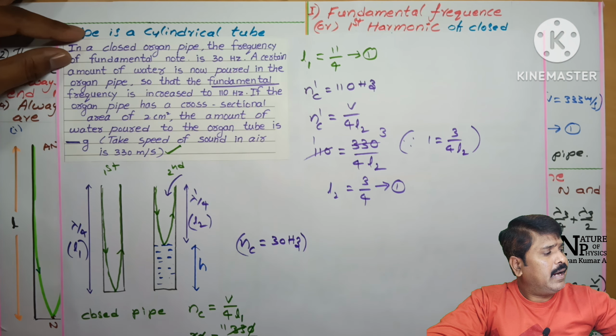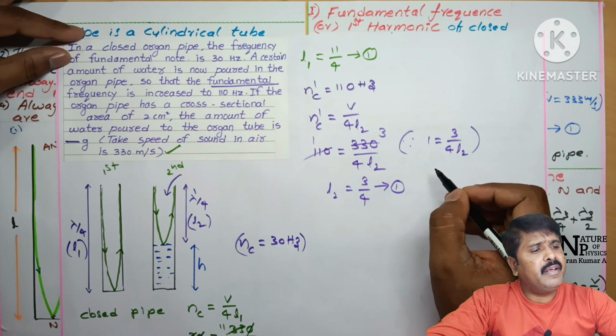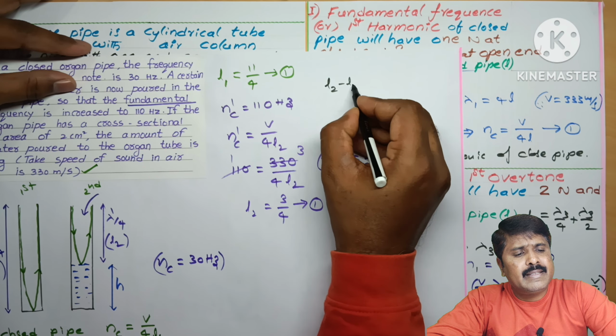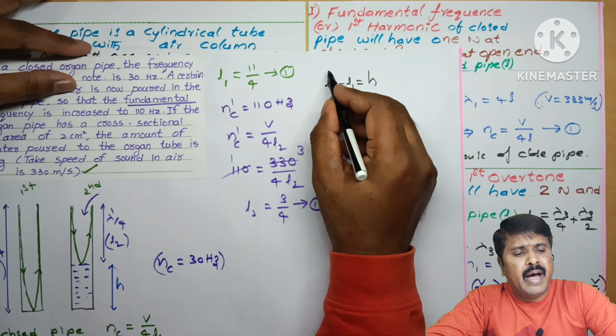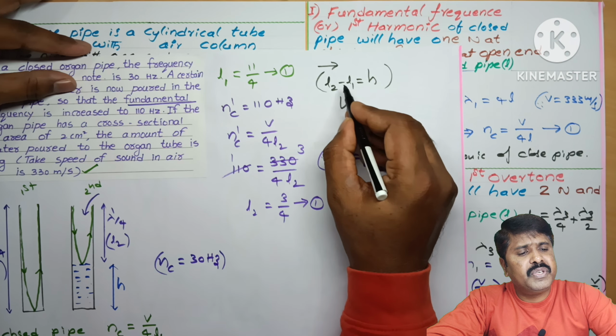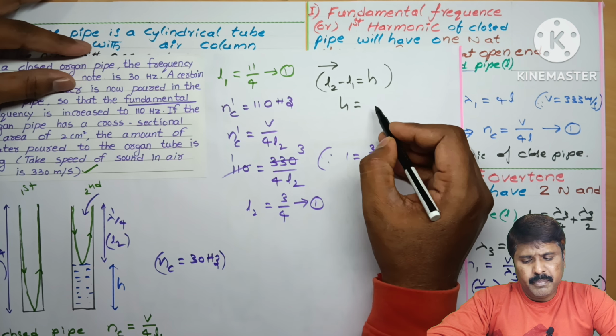Continuing, the difference I am writing here is L1 minus L2, which is equal to the height H. So H is equal to L1 minus L2.